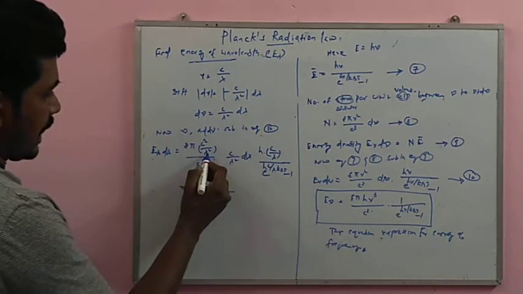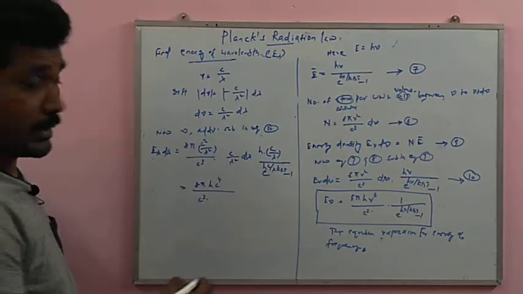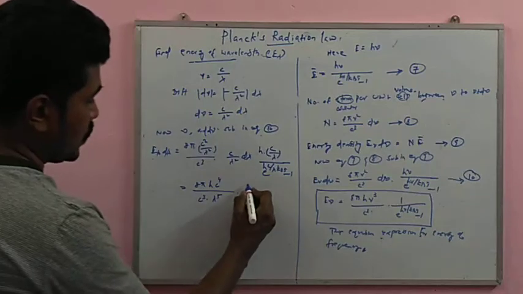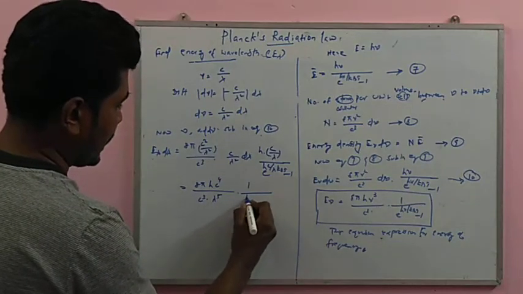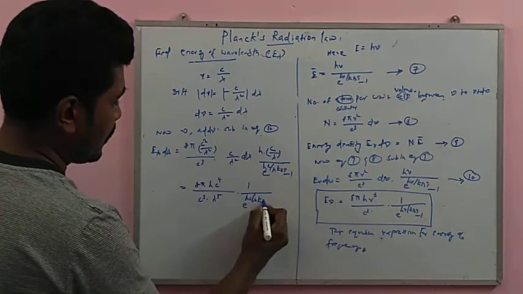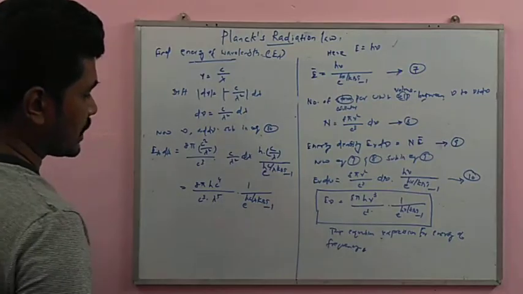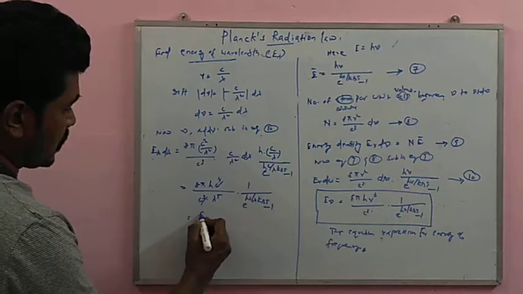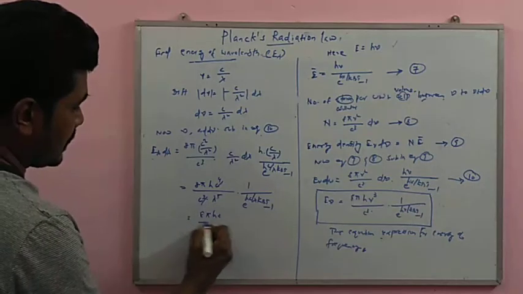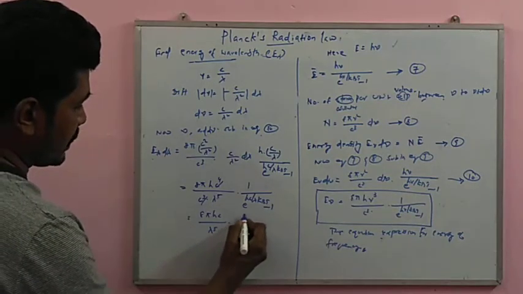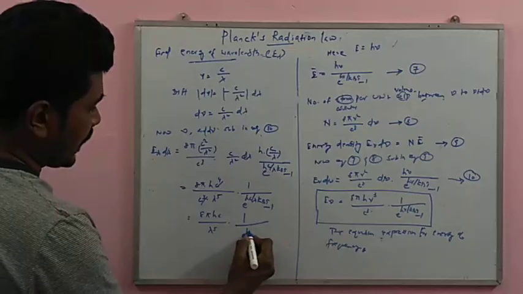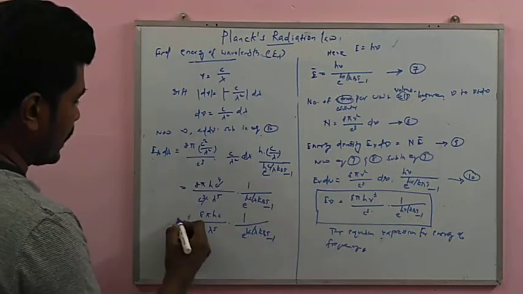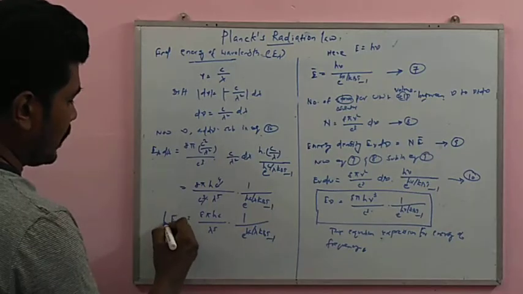Lambda squared and lambda give lambda power 5, into 1 divided by e power hc by lambda kBT minus 1. Here c cube and c power 4 cancel one time. So E lambda is equal to 8 pi hc divided by lambda power 5 into 1 divided by e power hc divided by lambda kBT minus 1.